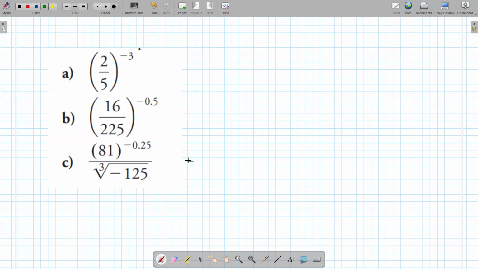The denominator is not that hard. What's the cube root of 125? 5. Yeah, so cube root of negative 125 would be negative 5.